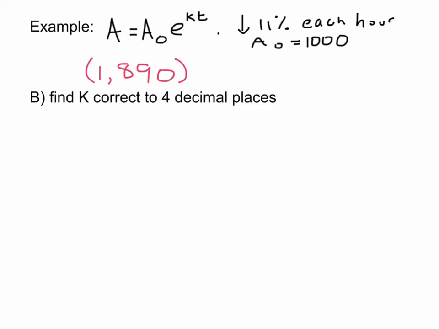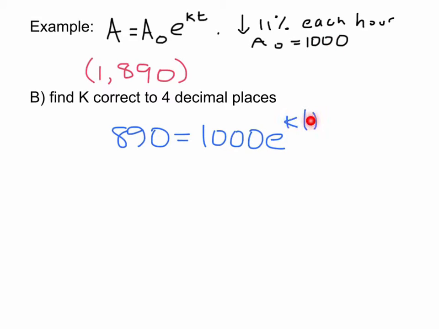So what you do is you plug in to the equation 890 equals 1,000 e to the power of k, and t is 1. So this is where they're from. A was 890. A0 was always 1,000 from before. E was there already.